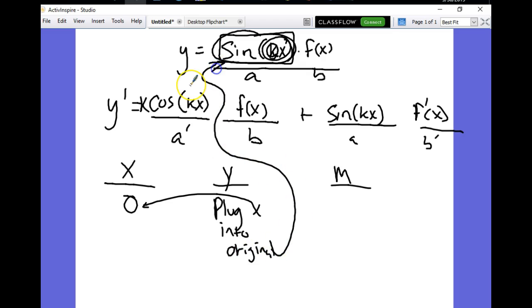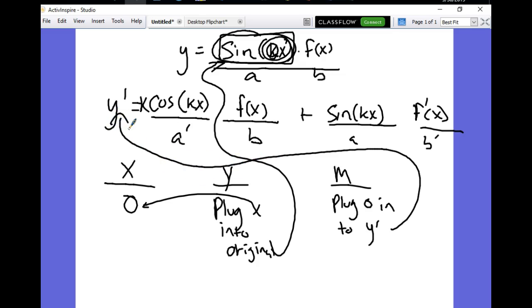That would be this thing. So plug in 0 up there, and you'll have your answer. To find your slope, you plug 0 into the derivative. So you're going to plug in 0 to this equation here for x. Once you have your x, your y, and your slope, you go ahead and just do this thing. So this is old news.